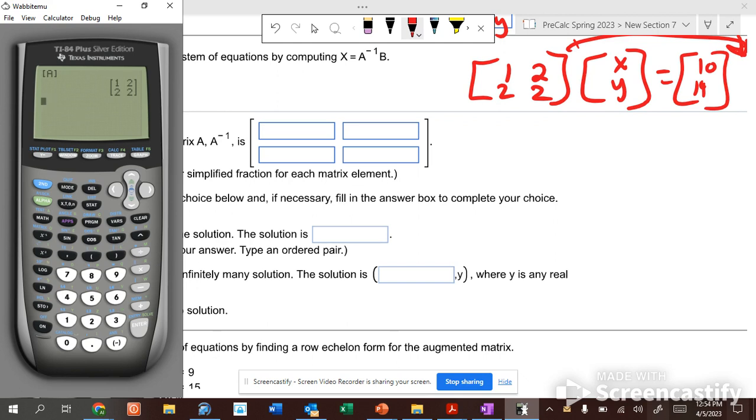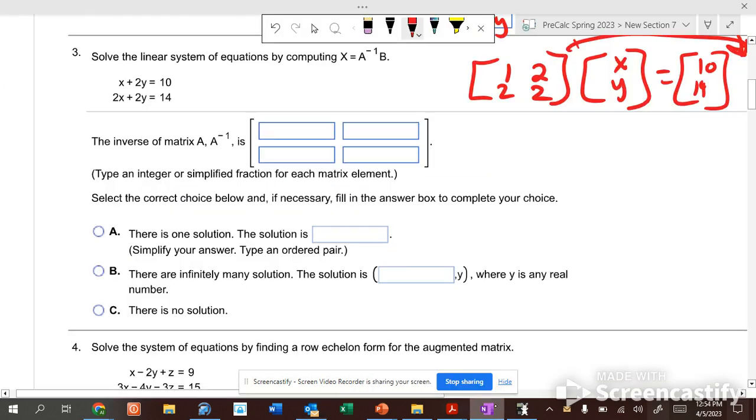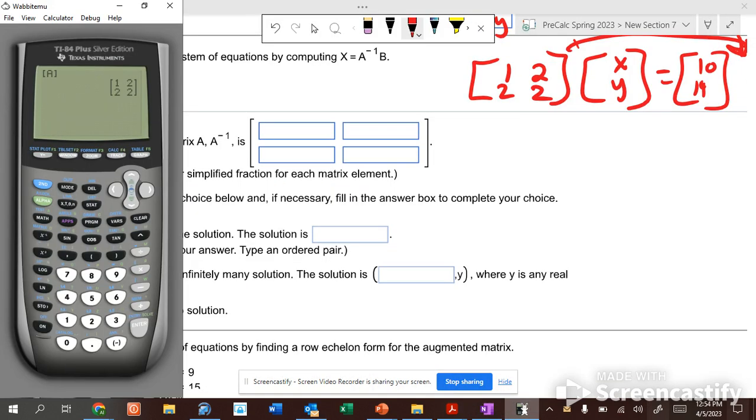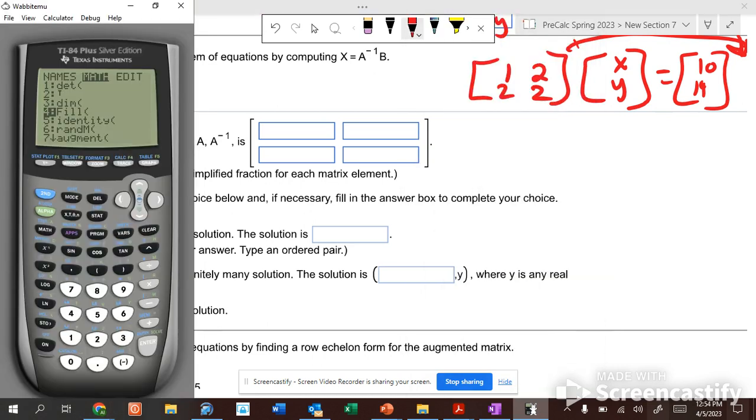So if I just look at my A matrix, and it's easier to see when that's off, you see I have a 1, 2, 2, 2. It made it correctly. Now, if I go A inverse, so if I go second matrix, A, and then second matrix, and then go to the math, I tell you, some days.